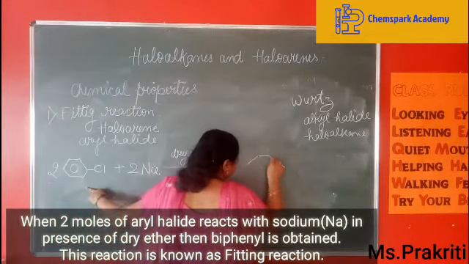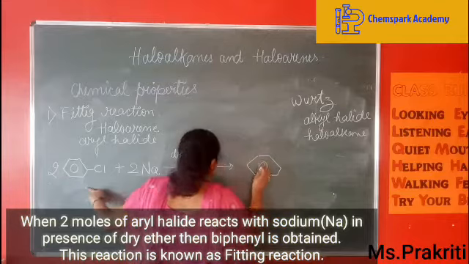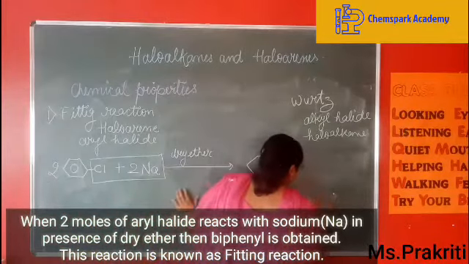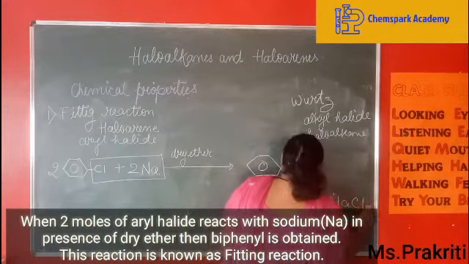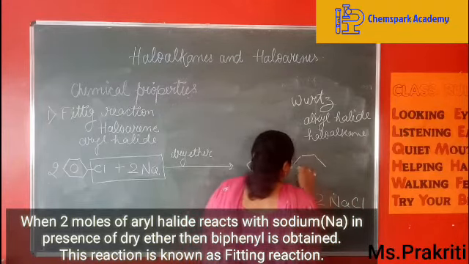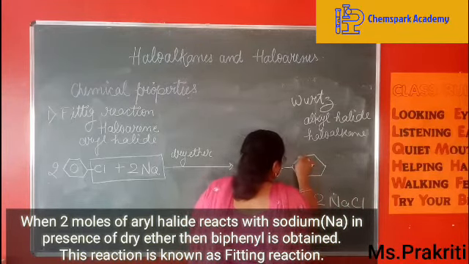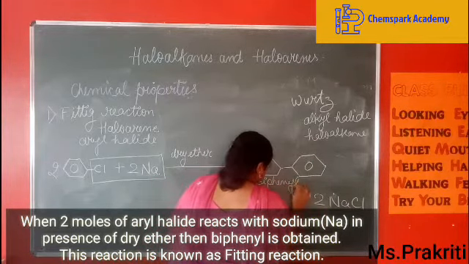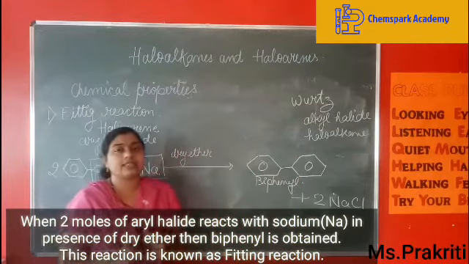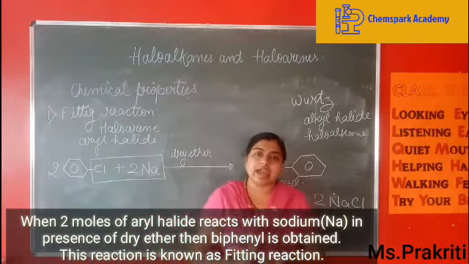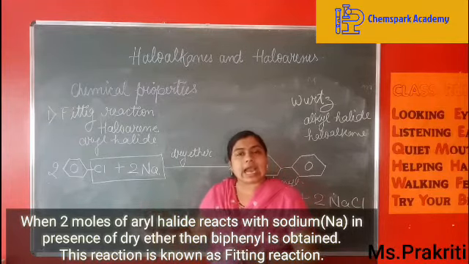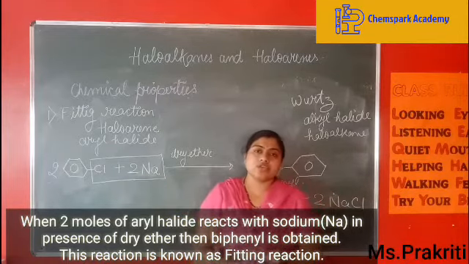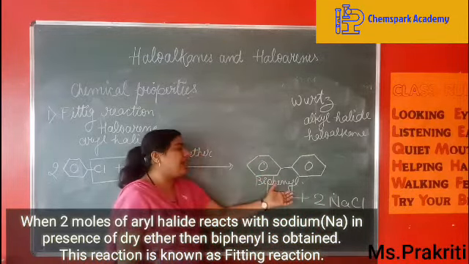Now again, we will see that this chlorine along with this Na forms twice of NaCl, and these two phenyl rings are now joined. So we get biphenyl. That is, when we talk about the Fittig reaction, we take aryl halides or haloarenes. We react it with sodium in the presence of dry ether, and we will have biphenyls.